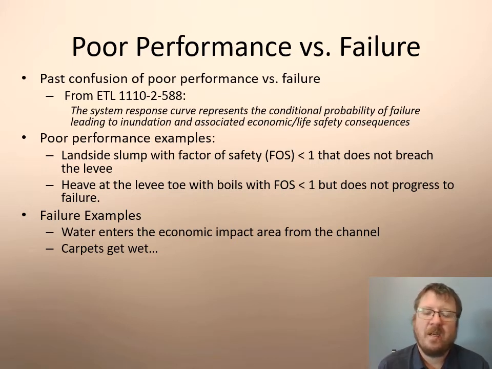So what that means is the levee fails and something gets wet. Okay, a person, a building and its contents, or something happens. So that's different from poor performance, where you might have levee damage, but that doesn't necessarily lead to breach. So I think that's the important distinction here. So we're going to go through and talk about that a little bit more in the next couple slides.